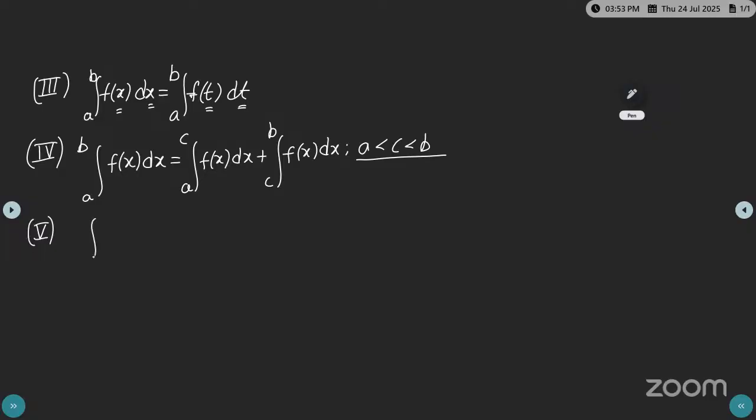Integral a to b f of x dx equals integral a to b f of a plus b minus x dx, for a, b positive.